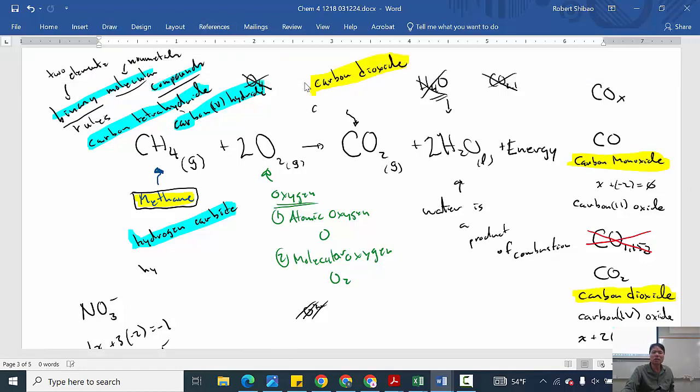What is the charge on carbon in carbon dioxide? Positive 4. So we could call this carbon, Roman numeral 4, oxide. What would carbon monoxide be called? Carbon monoxide would be called carbon 2 oxide.